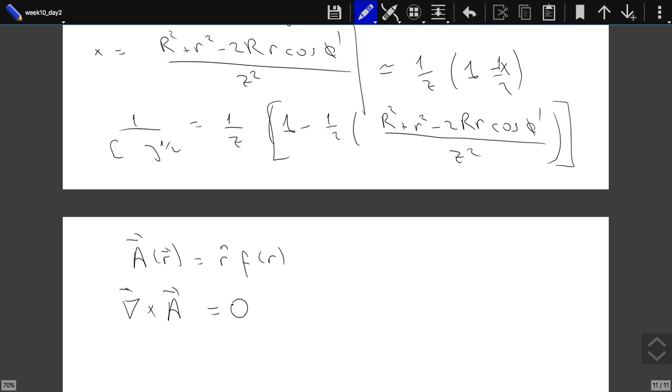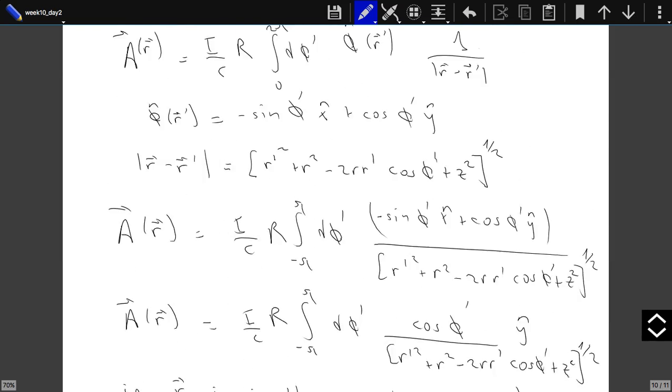It's a radial function, which depends only on the radial coordinate. If this is the case, then the curl of A is 0. So we made a mistake somewhere. Let's go back.